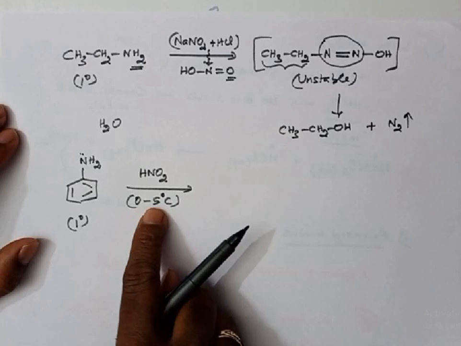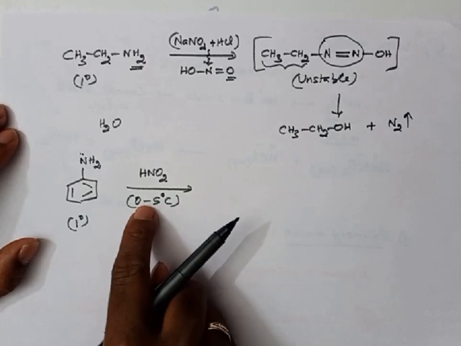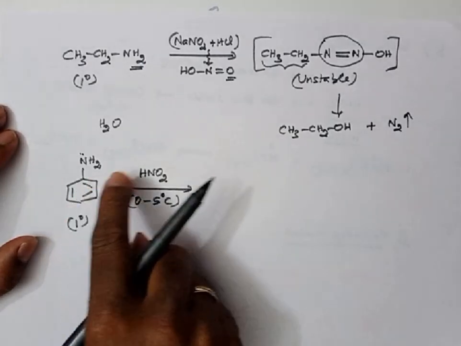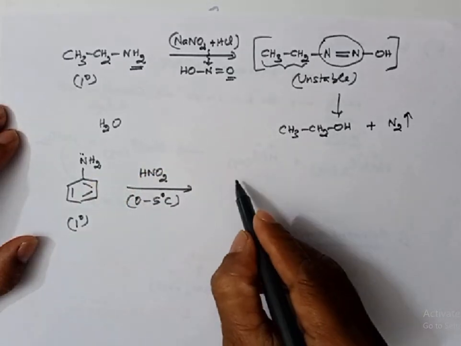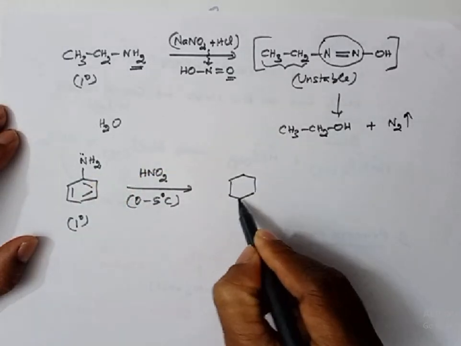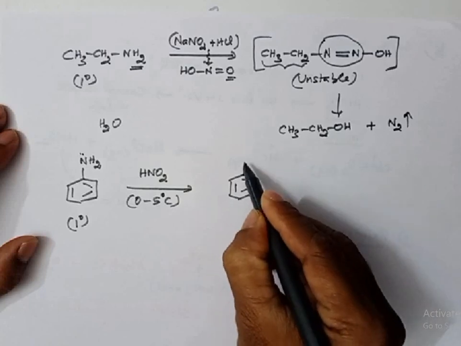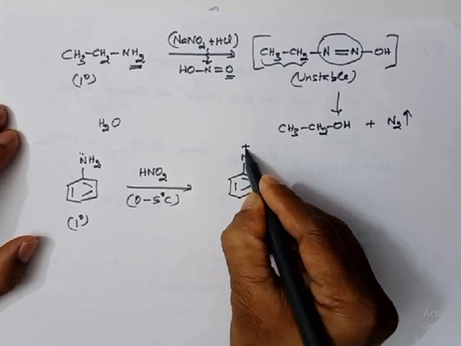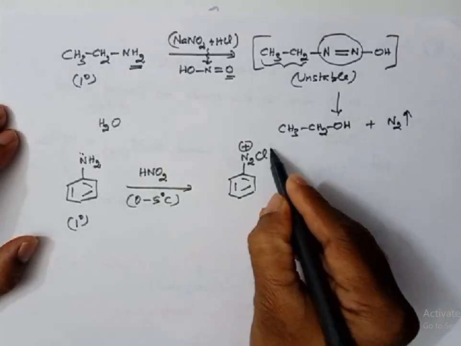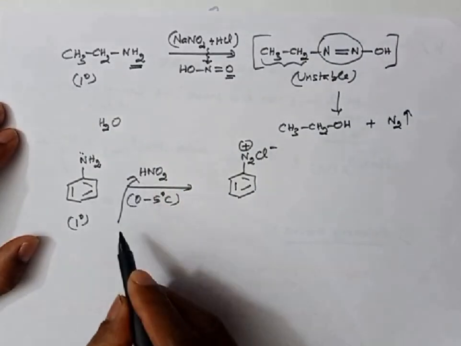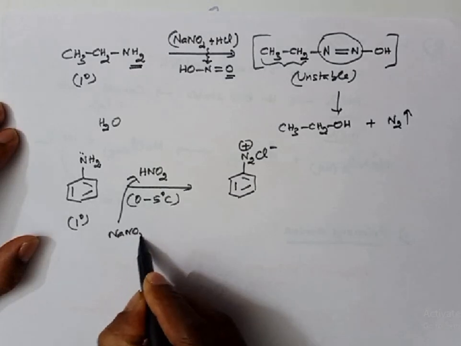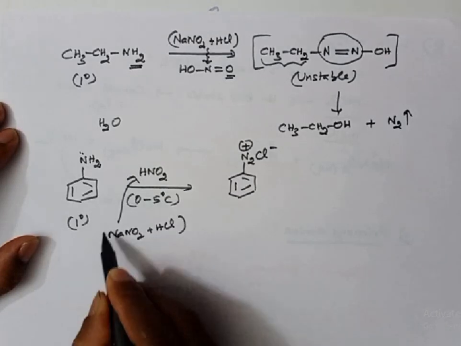Under cold conditions, if you mix these two compounds, you will get a diazotized product. What is the diazotized product? It is N2+ Cl-. Because we prepare this HNO2 by mixing sodium nitrite and HCl, here we have chloride.